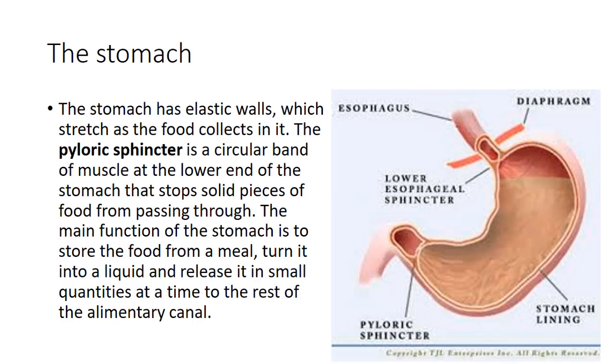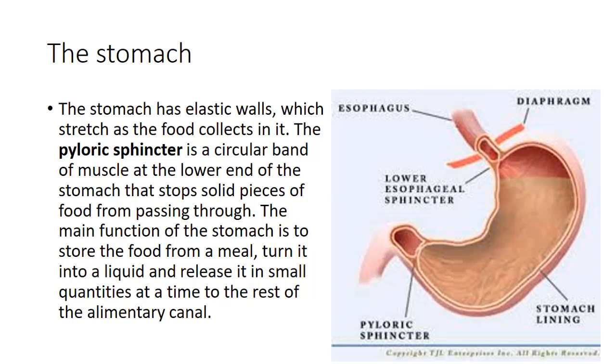The bolus of food reaches the stomach, which has elastic walls so the food collects in it. You can see the pyloric sphincter, like an opening of the stomach. The stomach has two sphincters, the lower and the upper.